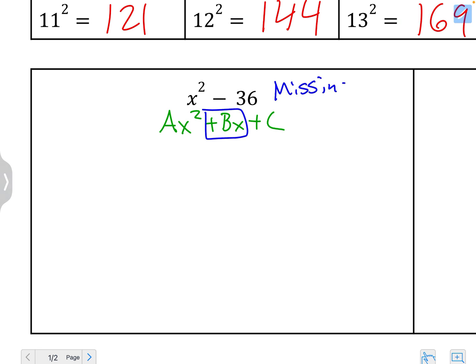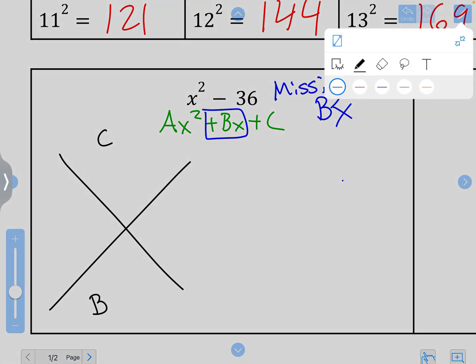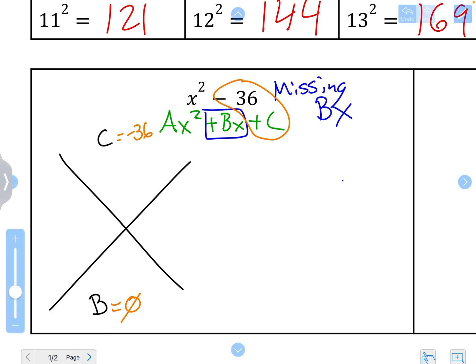So this trick is going to work when we're missing our bx. But if we remember, when we do our x, we put our c on the top, and we put our b on the bottom. So in this case, our c is negative 36. But if we're missing the b, that makes our b 0.